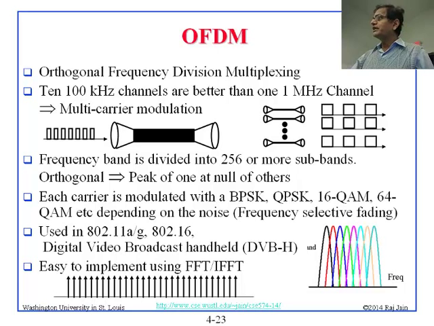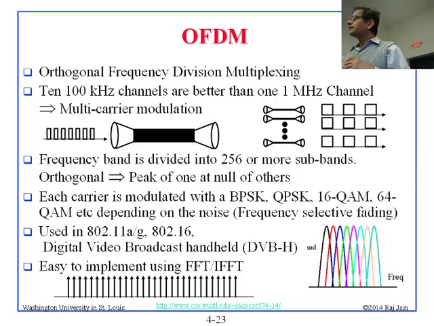So what you do here, you look at all of these and see where there is less noise, you use 64 QAM, where there is more noise, you use 16 QAM. So how do you find out where there is less noise or more noise? Basically what you do is, you reserve some of these carriers just for that purpose. We call them pilots. Pilots are not used for data. There I send exactly what I know I am sending, so I can just send 010101. The receiver knows exactly what was sent on the pilot, and it can say, oh, the noise is too much.